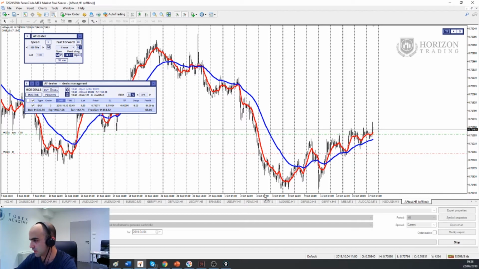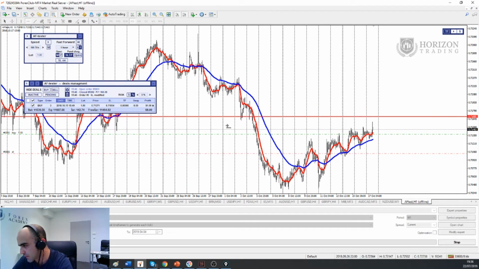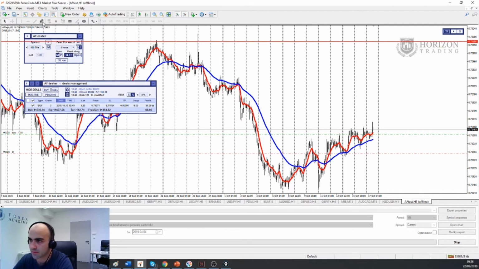As you can see here, the market is coming from a very much downtrend over here, trying to catch up again from this reversal point.